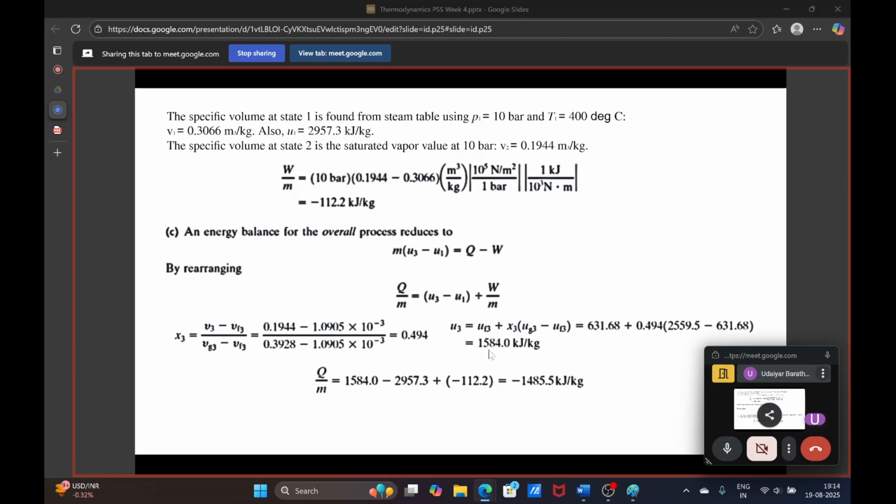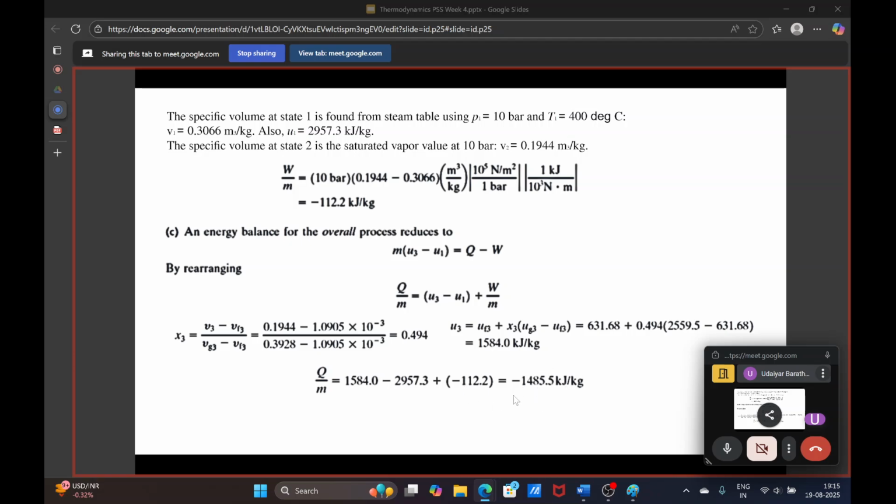We get U3 as 1584 kilojoule per kg. So Q is the change in internal energy plus the work done. So 1584 is the internal energy at state 3 minus 2957.3 at state 1, plus the work done, which is minus 112.2. So this comes out to be minus 1485.5 kilojoule per kg.